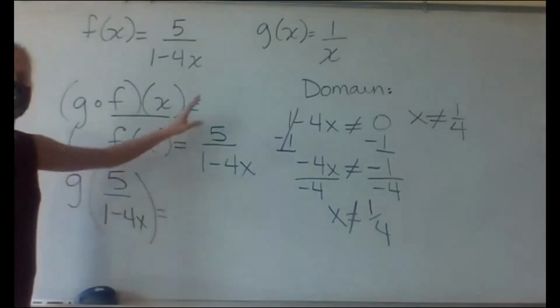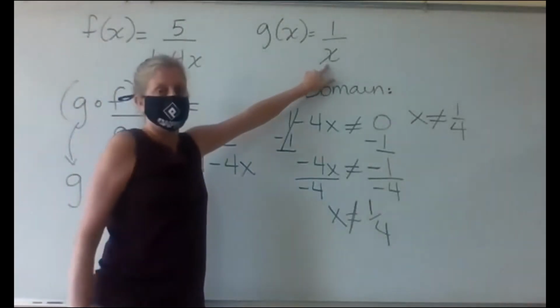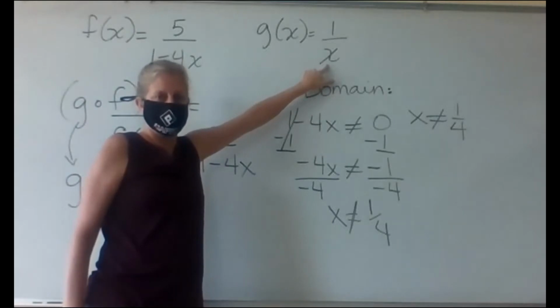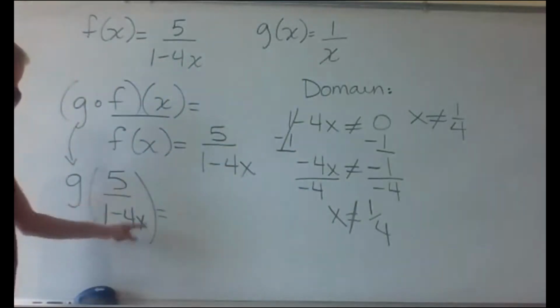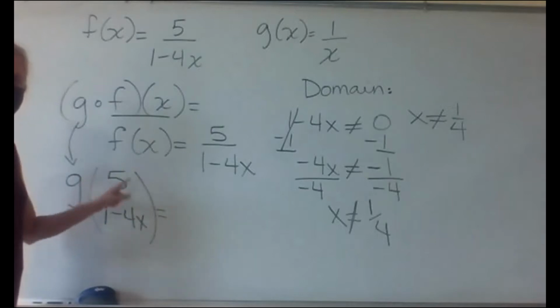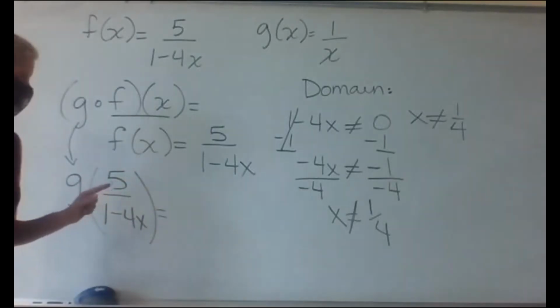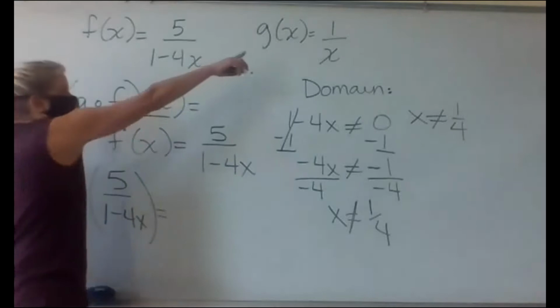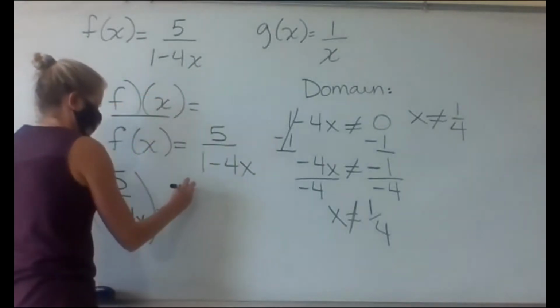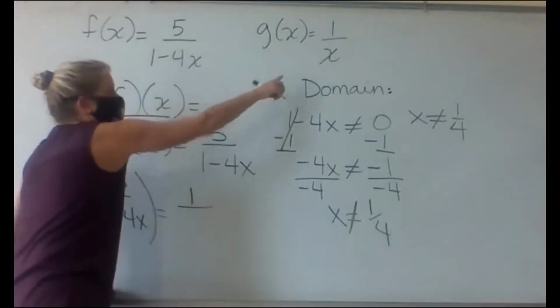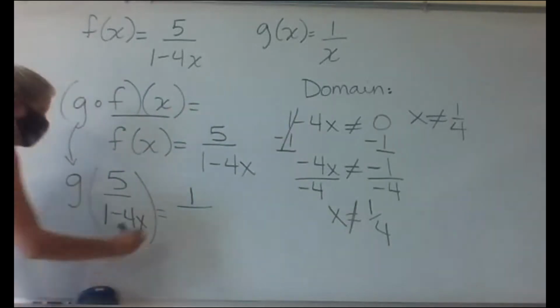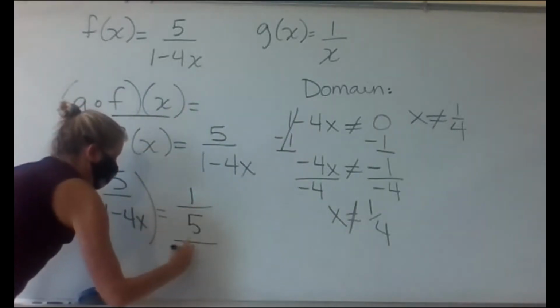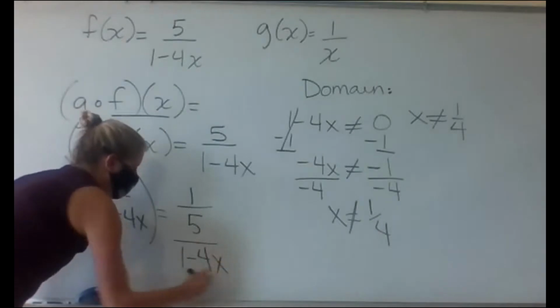So go to your g function. Wherever you see this x, you're going to put all of that, which is going to create a very complicated fraction that we're going to have to clean up. So let's see, I've got 1 over, what do I put instead of the x? All of this. 5 over 1 minus 4x.